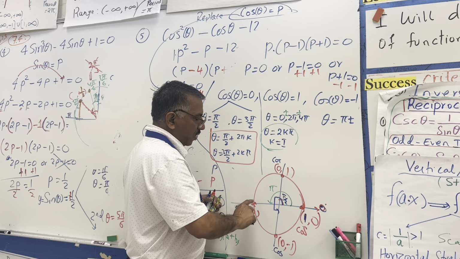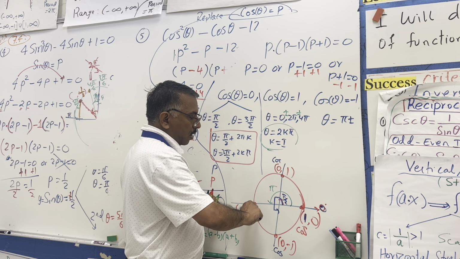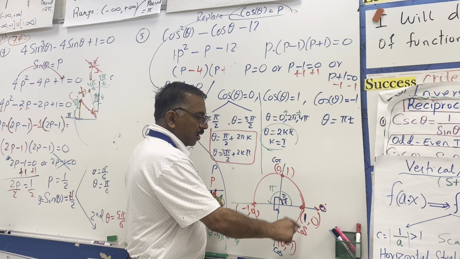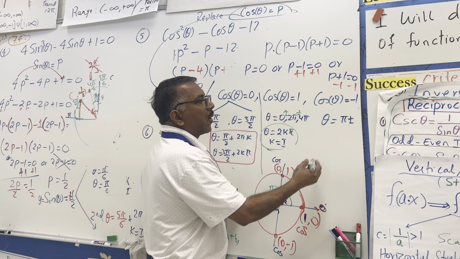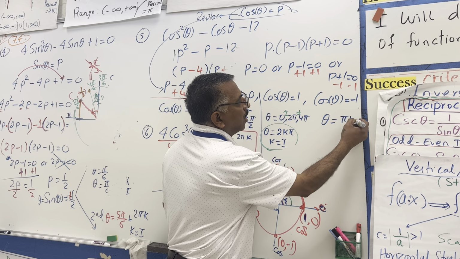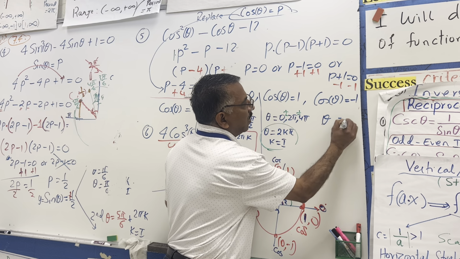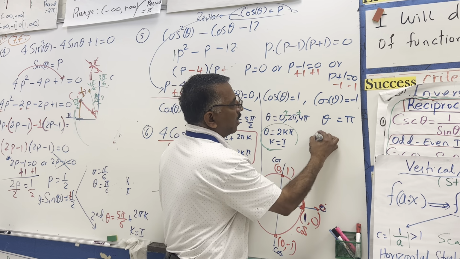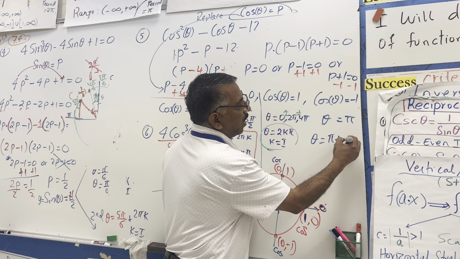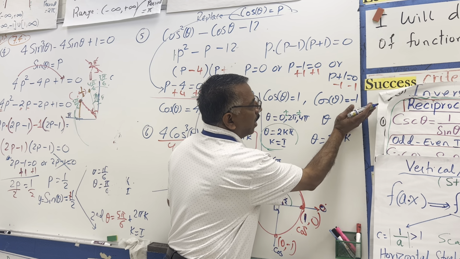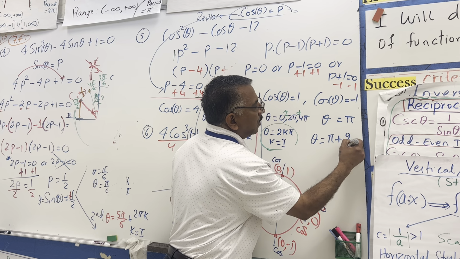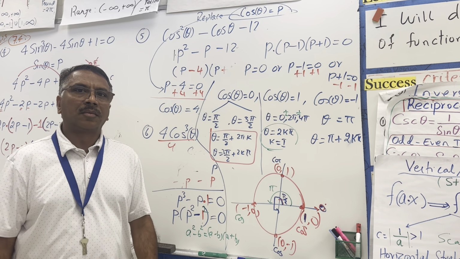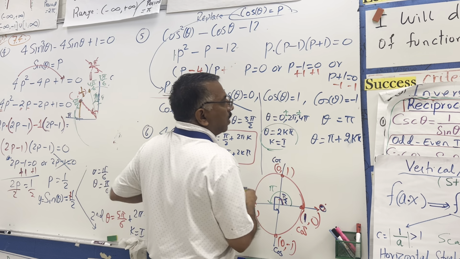You can also go minus 2 pi, minus 3 pi, in the clockwise direction. The main angle between 0 and 2 pi is pi, but we can write theta is pi plus 2k pi. Done.